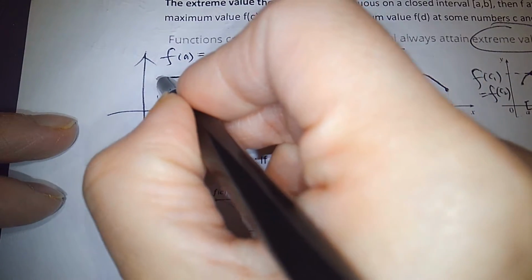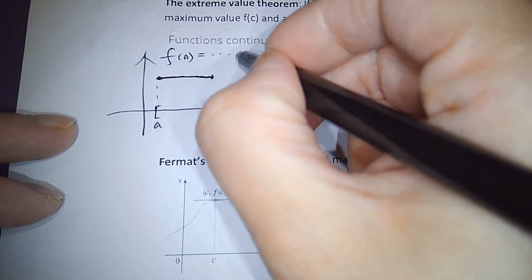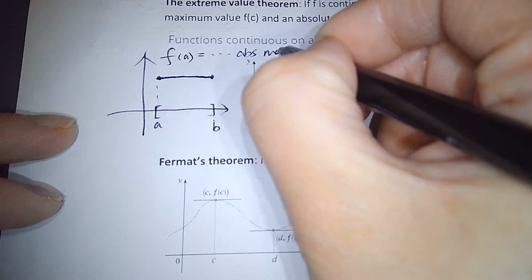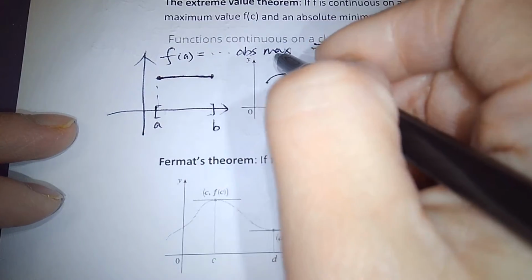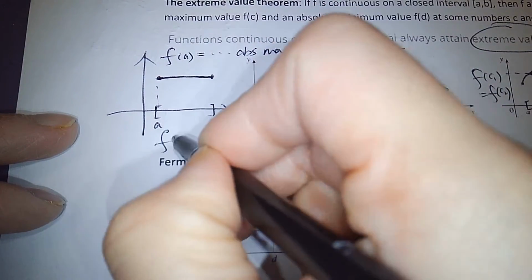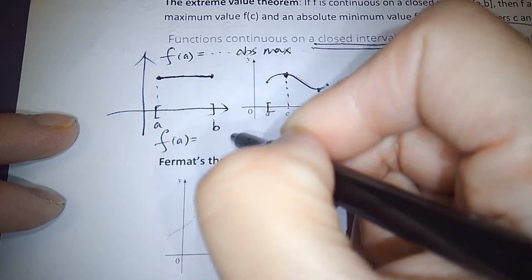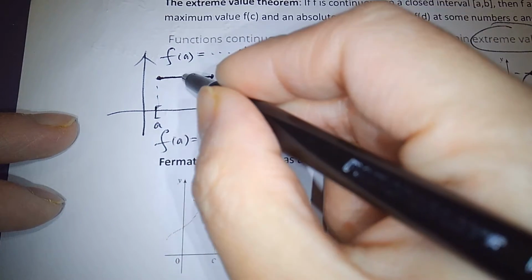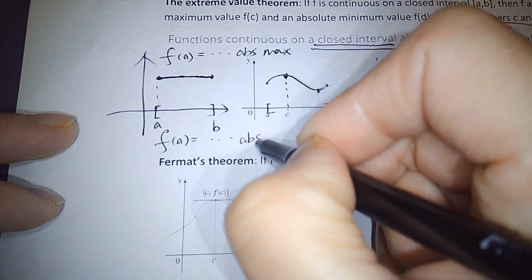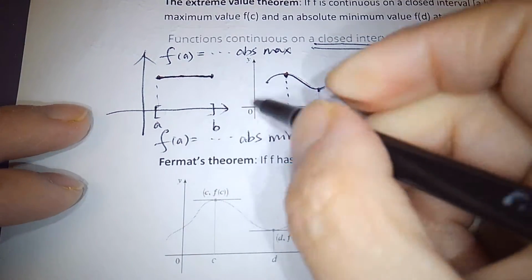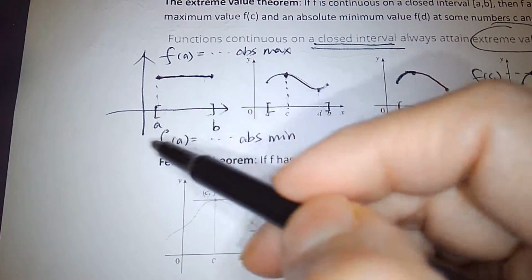How about the absolute minimum value? f(a) equals f(b), every point on the graph gives us the absolute minimum value. But this is a special case.